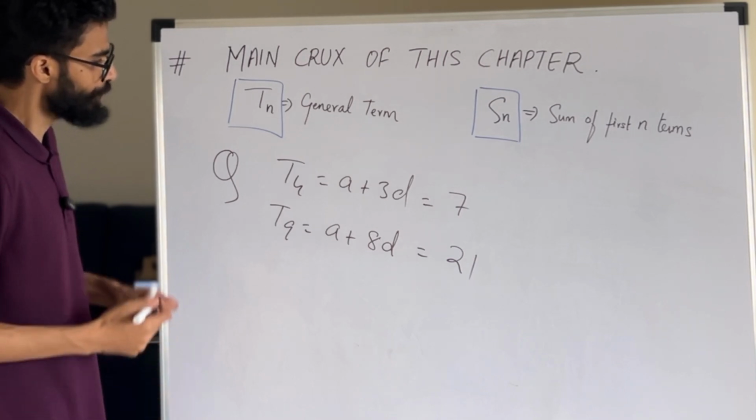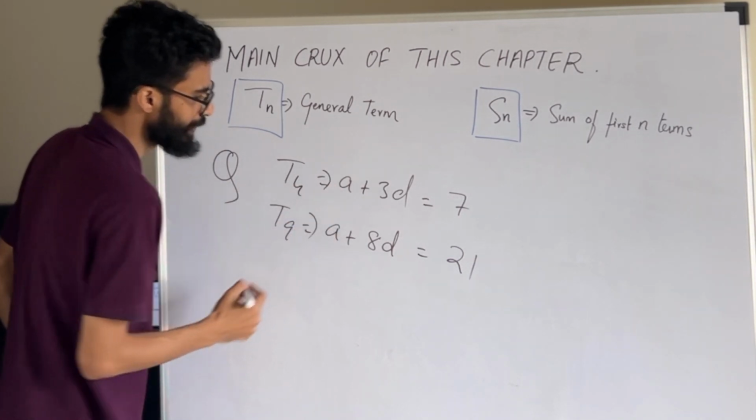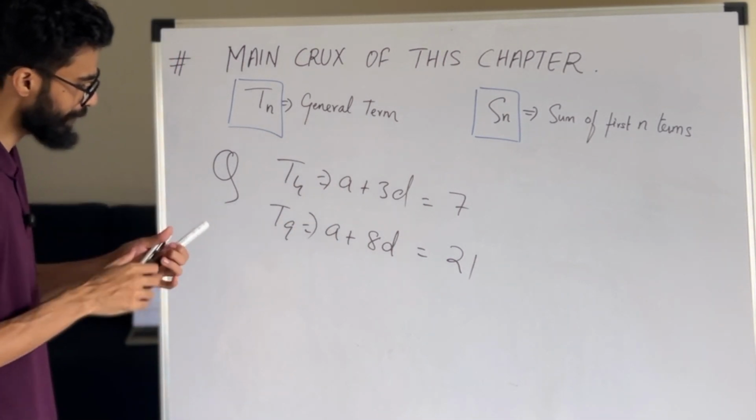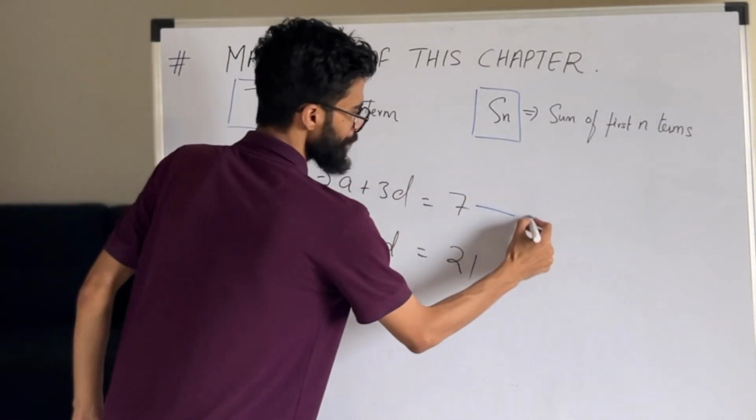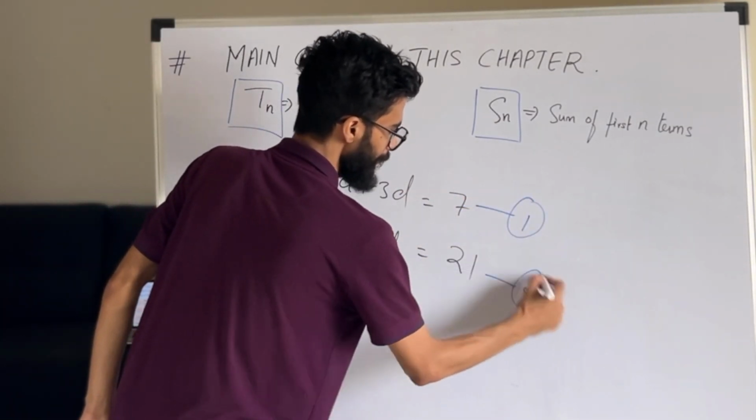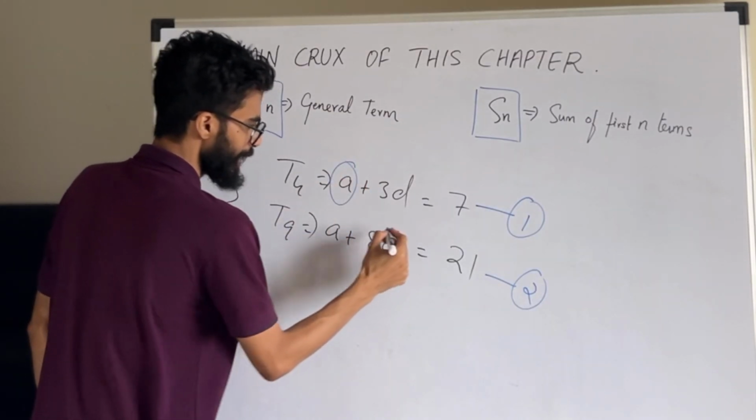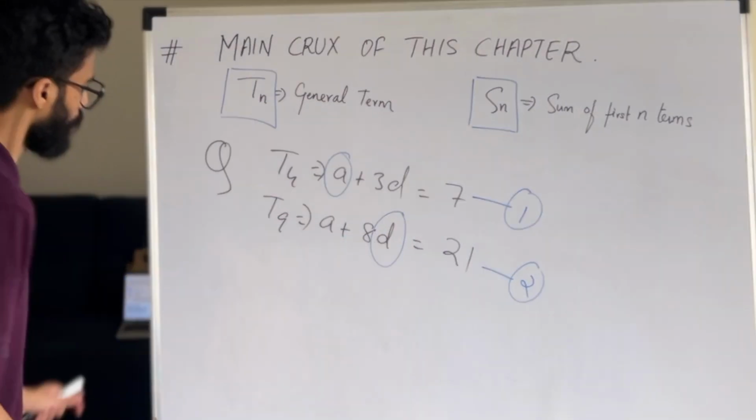So can you guys see कि in these I am getting nothing but two equations and two unknowns which are a and d.